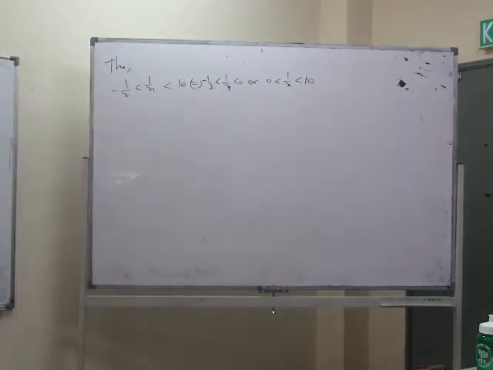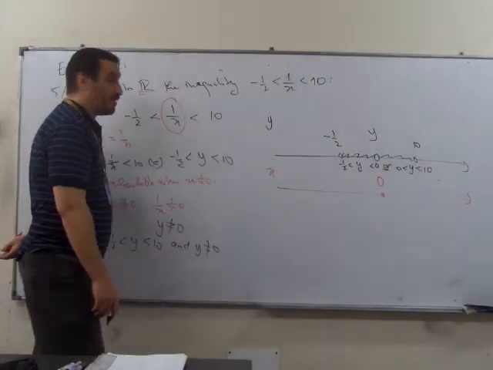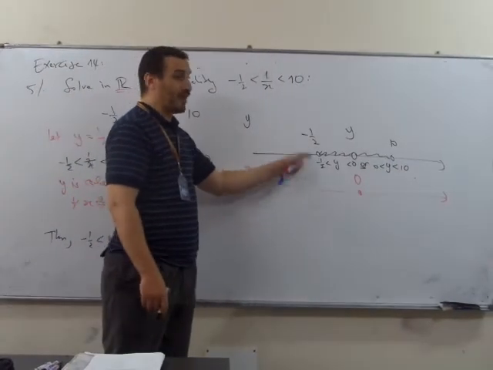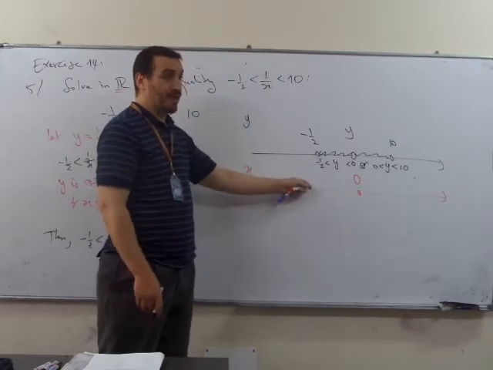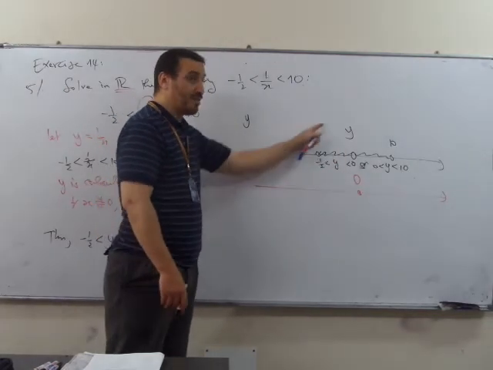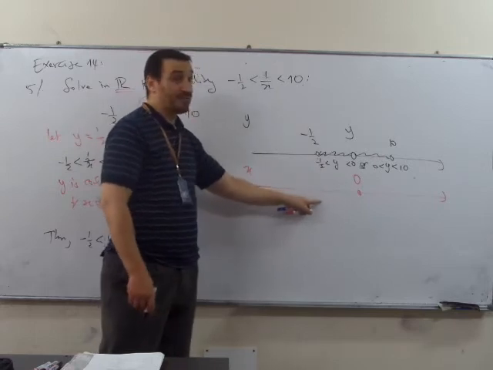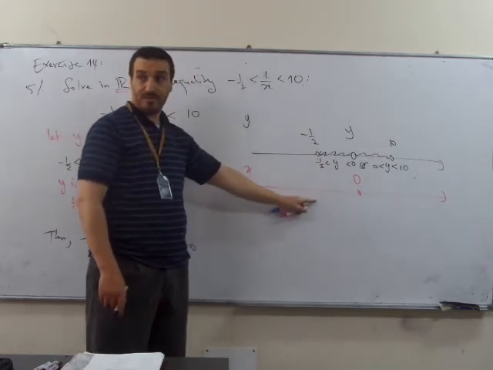This is me understanding what I have. Again, we're not going to mix these two lines: the number line for 1 over x, and the number line for x. Clear?